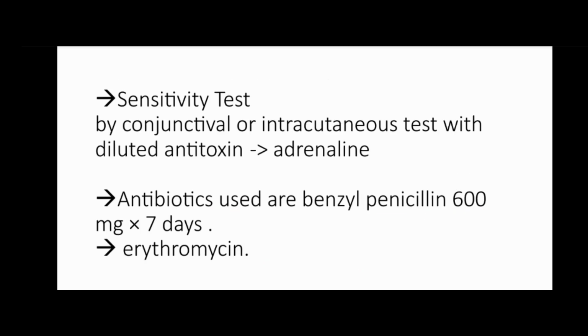And then a sensitivity test by conjunctival or intracutaneous test with diluted antitoxin, with adrenaline ready. Some patients can't tolerate the antitoxin, so we have to perform a sensitivity test on the patient. Only then can we avoid an allergic reaction.